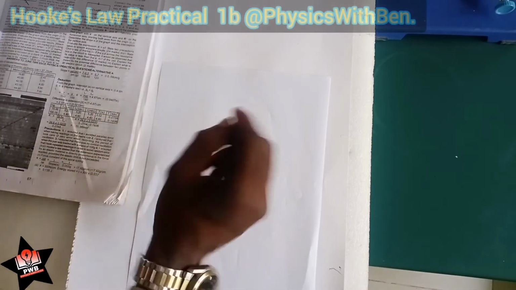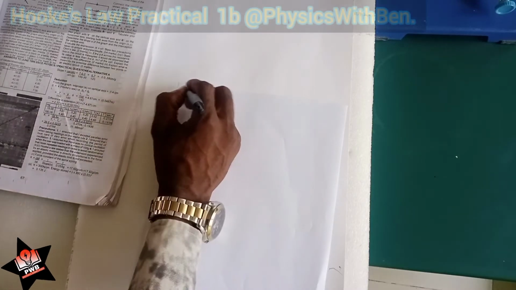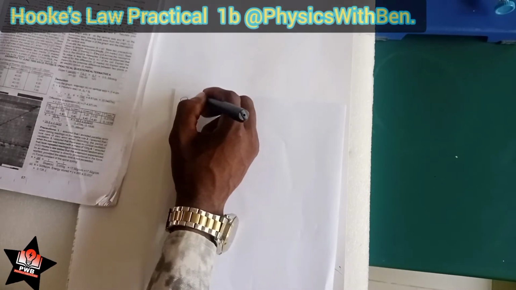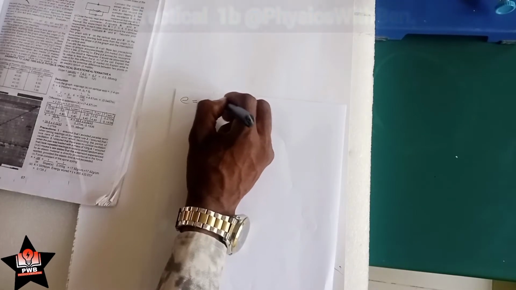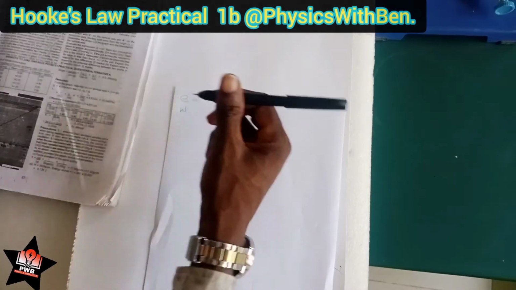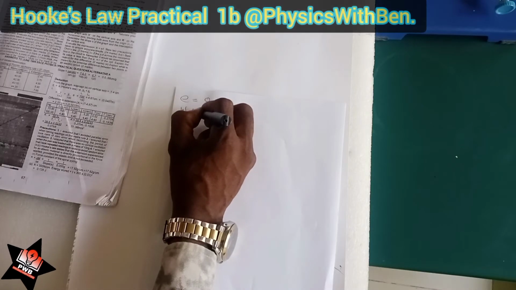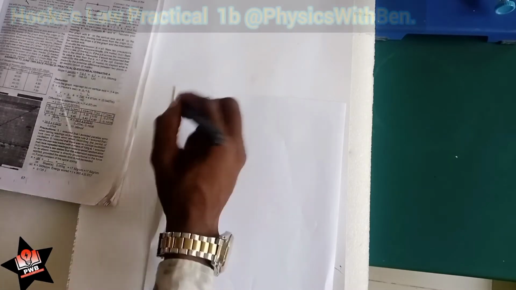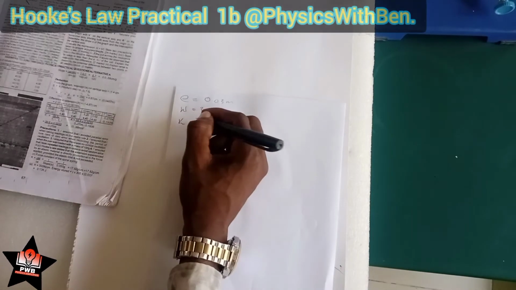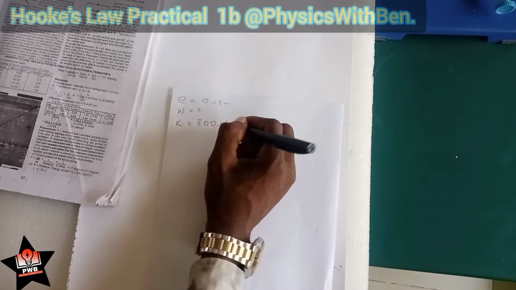At that compression, we can liken it to be our extension, 0.03 meters. The energy, also known as the work done, that is the elastic potential energy, is to be calculated if the force constant K is given to be 300 Newton per meter.